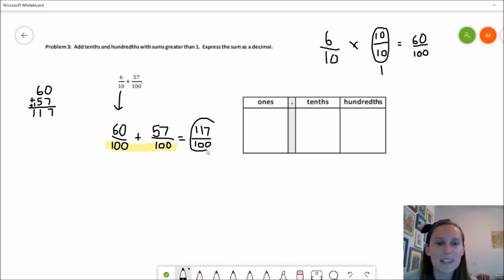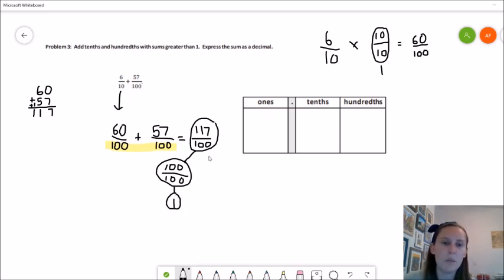So my 117 hundredths here, I know that it takes 100 hundredths to make 1. So I can decompose that as 100 hundredths, which will give me 1. So I know that I have 1 unit in the ones place, and then I have 17 hundredths. But how many tenths and how many hundredths would that give me?